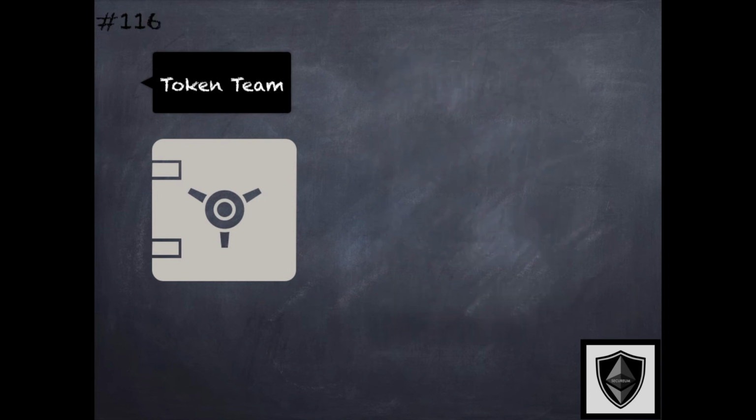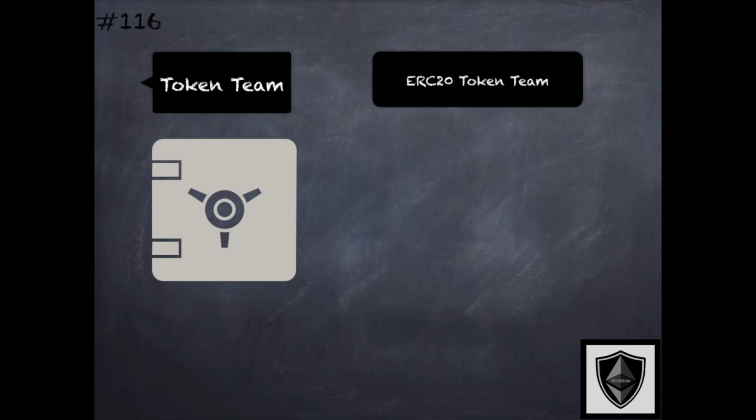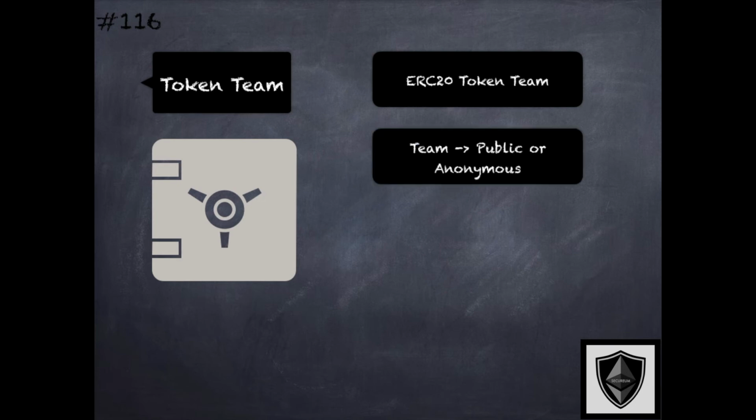Let's now talk about the team behind the ERC20 project and the implications of that on any security aspects of that project. The team behind the ERC20 project may be publicly known, where we know who the project members are, what their past projects have been, and how they're connected within the community.